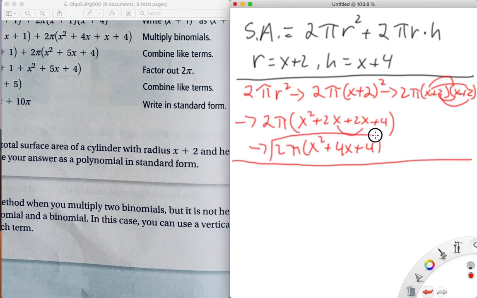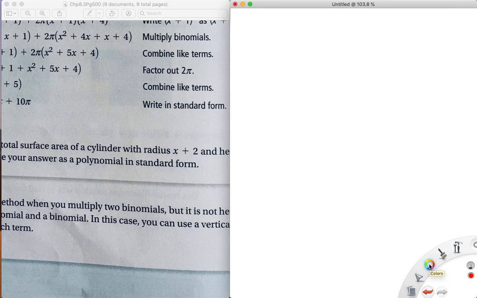Oh no, didn't mean to do that. Well, you know what that means. Let's see, I can remember stuff. So that was the area: 2 pi times x squared plus 4x plus 4.